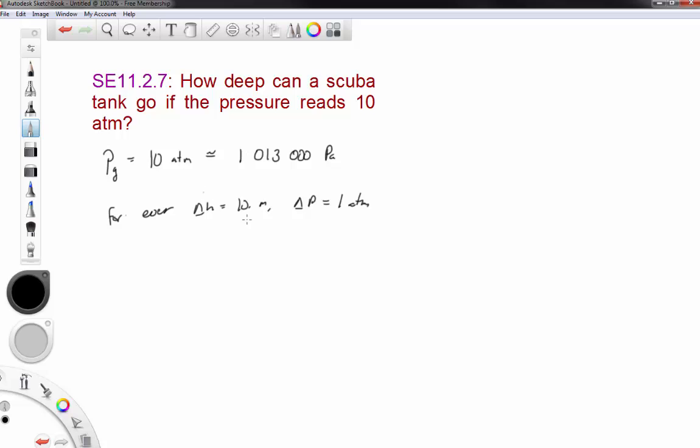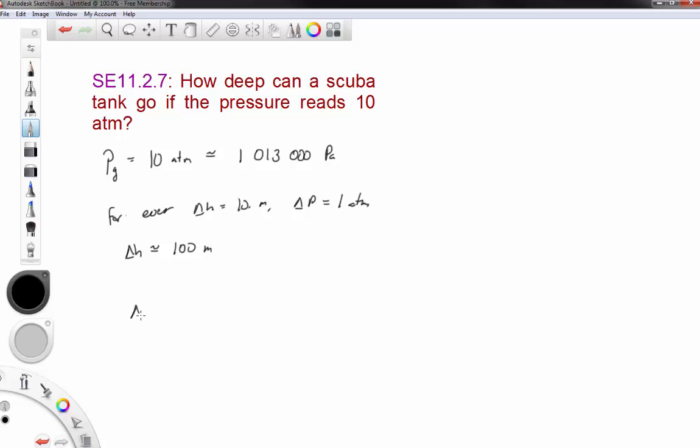So according to this, if you go 10 meters, you gain an atmosphere, and you have 10 atmospheres to go, which is 10 meters times 10 atmospheres, which is 100 meters. So you can only go, according to this, to a depth of about 100 meters.